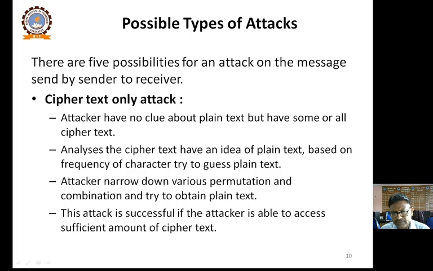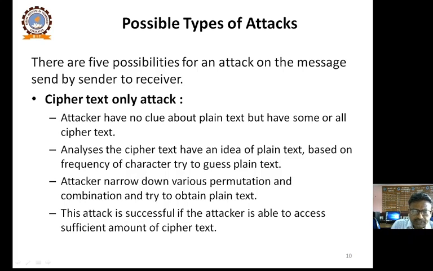So it analyzes the ciphertext to get an idea about the plaintext, and based on the frequency of the characters, it tries to guess the plaintext.